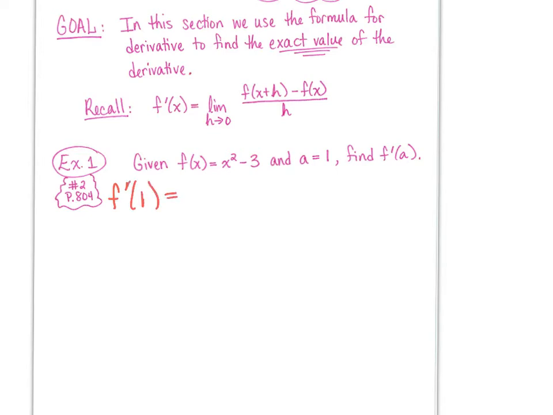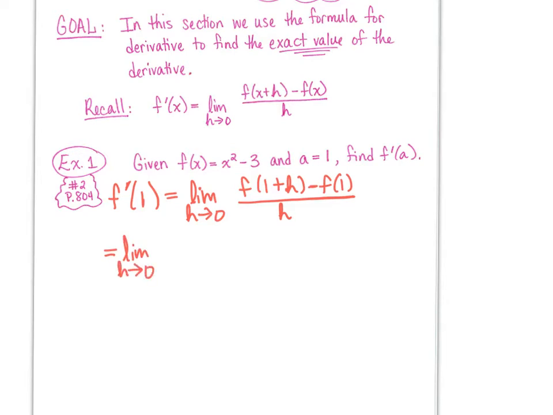is equal to the limit as h approaches 0 of f of 1 plus h minus f of 1. We can make the minus look separate because it is. Minus f of 1 all over h. Now that's equal to the limit. Remember, you write the limit until you evaluate.